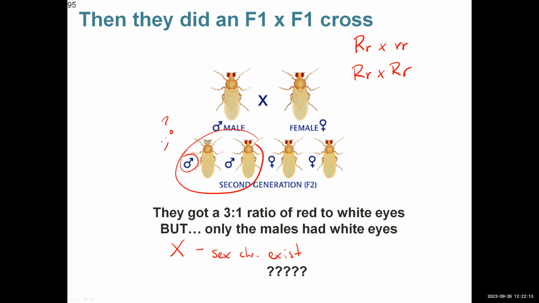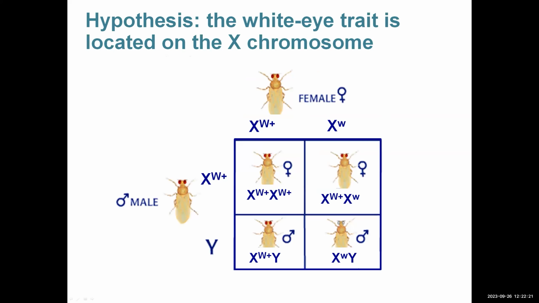The hypothesis was that the white eye trait was located on the X chromosome, and if it is, then that makes sense. So in this situation, we have the female having heterozygosity for the X, the male only has the dominant allele for the X, and this creates a situation where males can inherit the Y from the father and the recessive X from the mother, but females cannot inherit two of the recessive alleles.